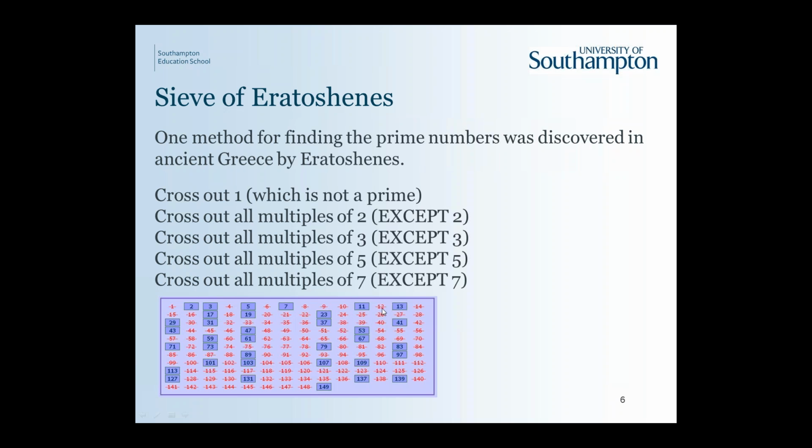So he left the prime numbers, and effectively by doing this, and you can get the students to do this themselves, to cross out all these multiples, you get them to highlight the ones that are left, and you're left with all the prime numbers up to 150, which is very nice.